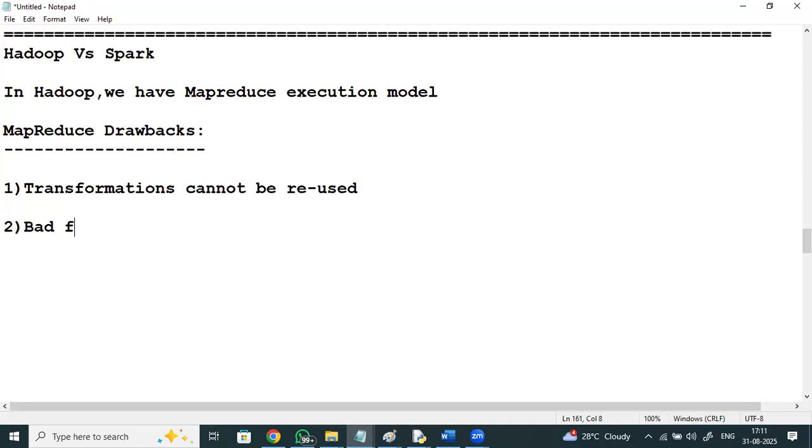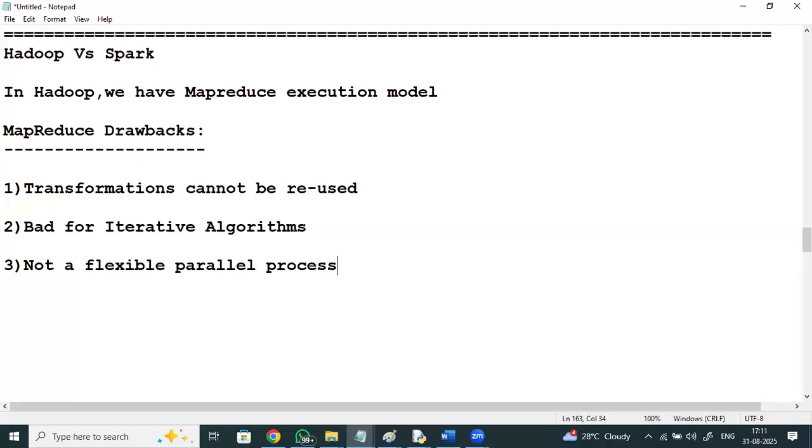Not a flexible parallel process. Slow processing as compared to Spark.